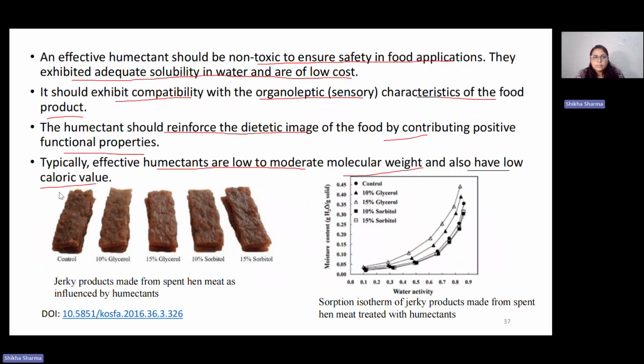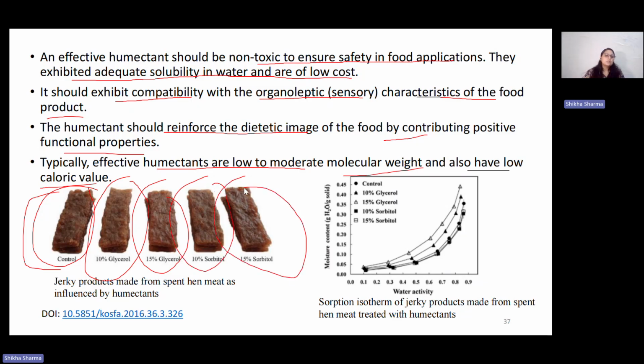Here is a jerky product made from spent hen meat, with humectants like glycerol. The control is this one, and then 10% glycerol, 15% glycerol, 10% sorbitol, and 15% sorbitol. We can see how the product looks and how the texture is, and here is the water activity level in this image.